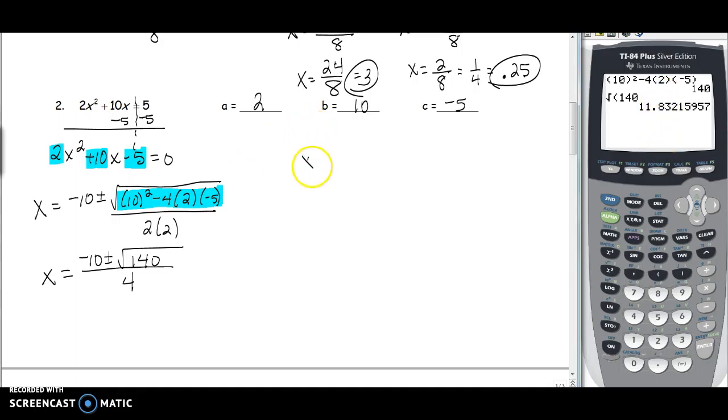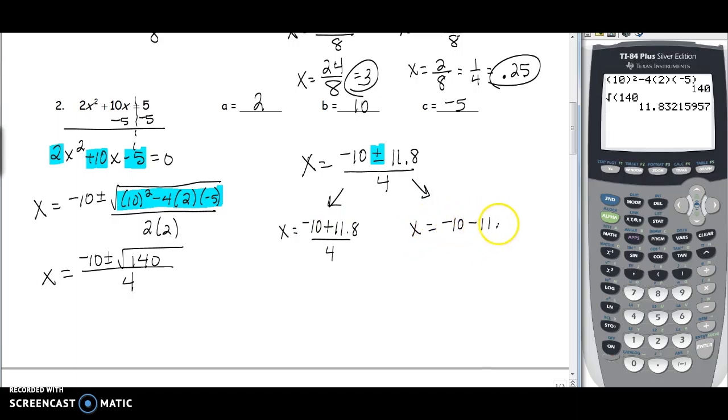So we would have x equals negative 10 plus or minus 11.8 divided by 4. And again, because of that plus or minus, you have to split it up into two equations. So you have negative 10 plus 11.8 divided by 4, and x equals negative 10 minus 11.8 divided by 4.